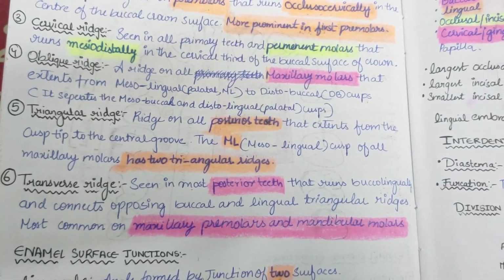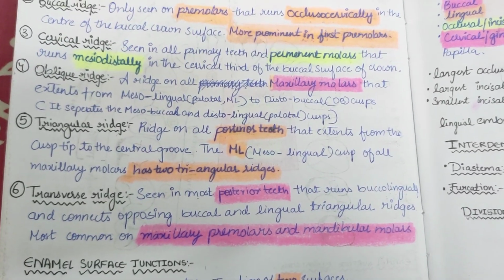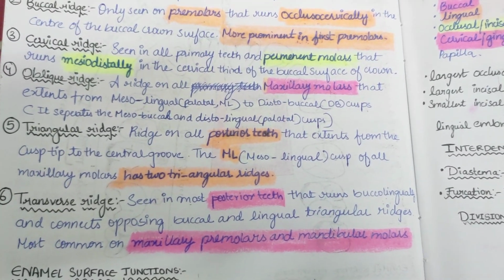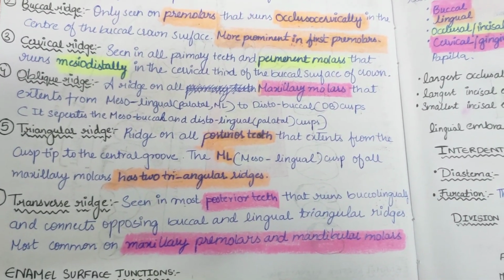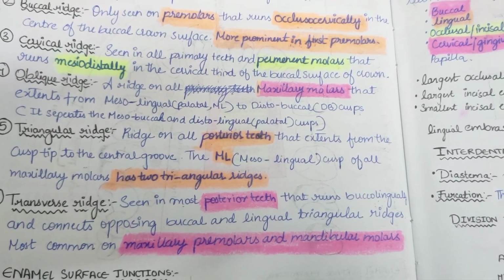Now the triangular ridge. It is a ridge on all the posterior teeth that extends from the cusp tip to the central groove, and the mesiolingual cusp of all maxillary molars has two triangular ridges.